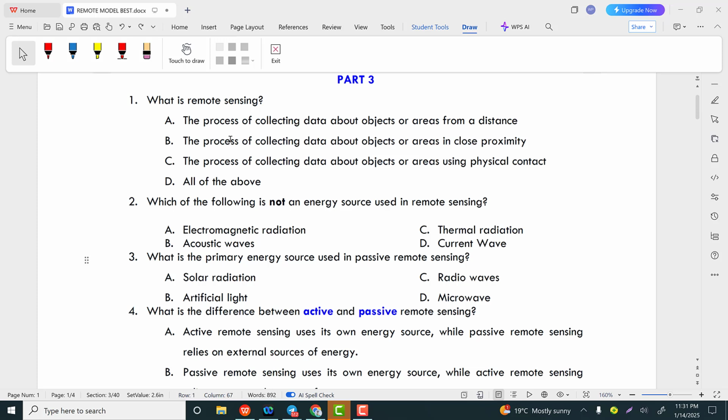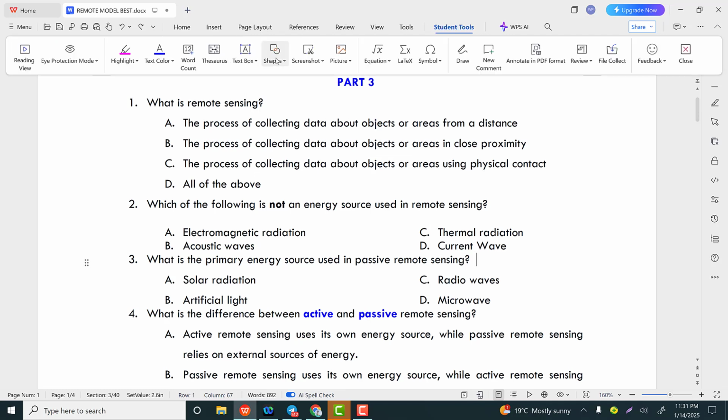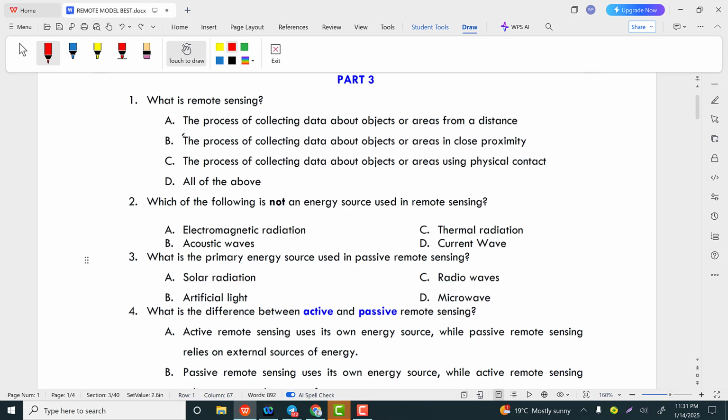So remote sensing by definition is a collection of different data sets or spatial data set without actual contact with an object. So from the available options, the answer for this question is A.